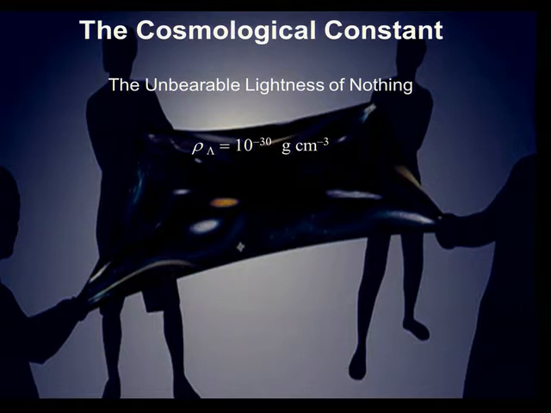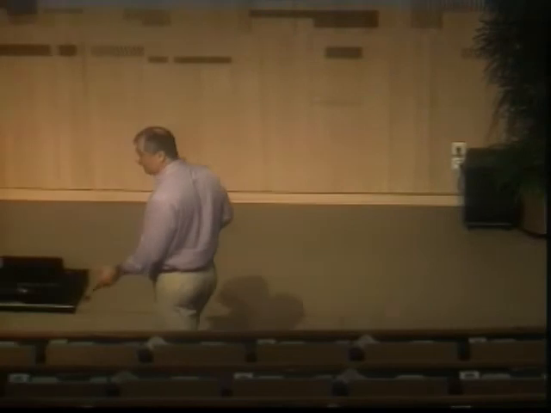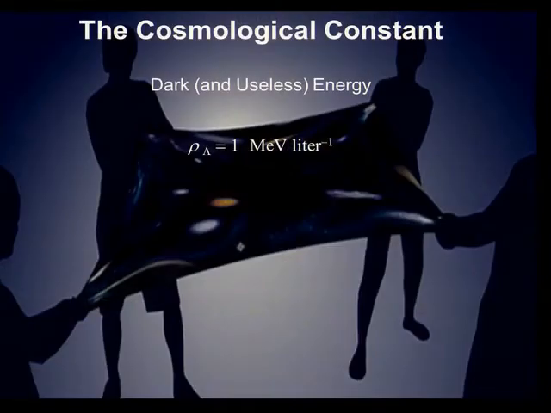The unbearable lightness of nothing is that completely empty space, every cubic centimeter of space, including the cubic centimeter of space under your nose, has an energy density of 10 to the minus 30 grams per cubic centimeter. This is dark energy, but it's also useless energy.